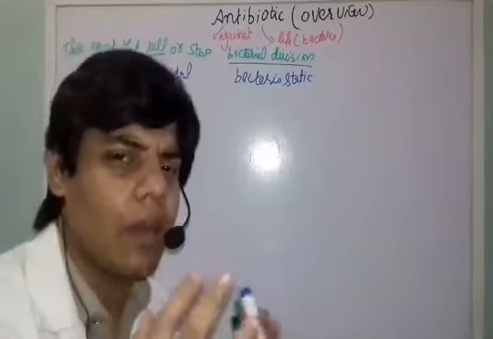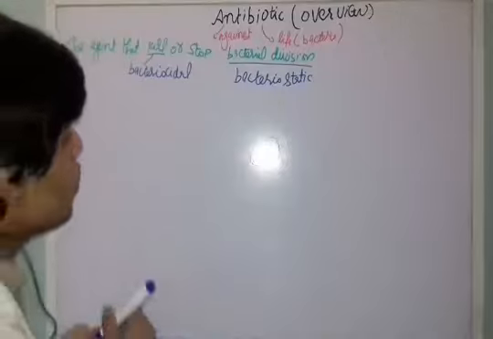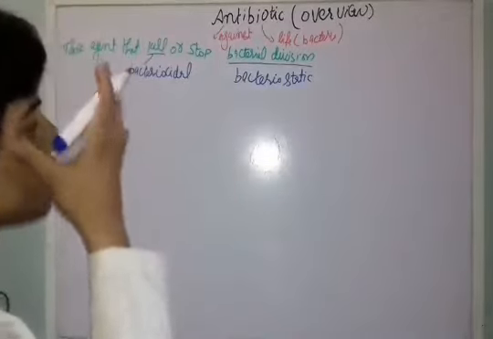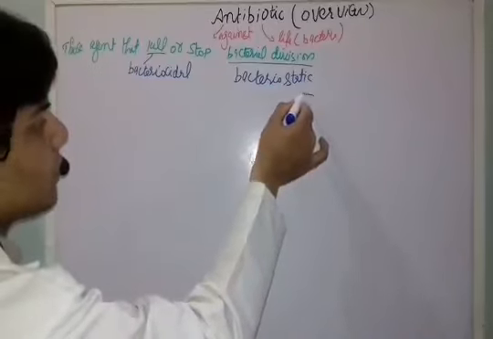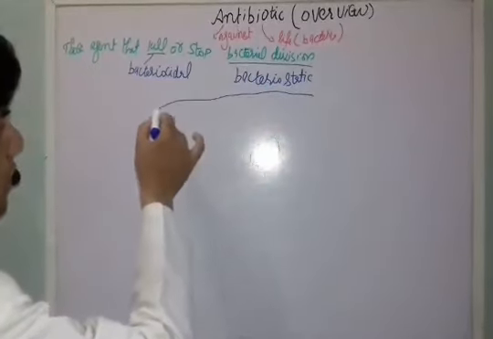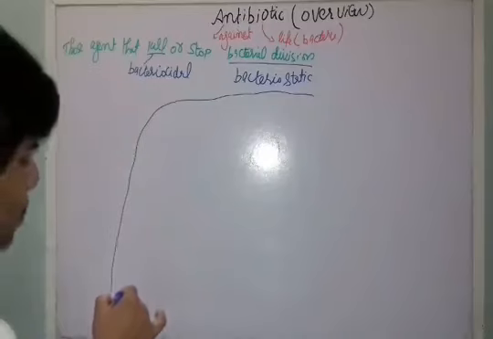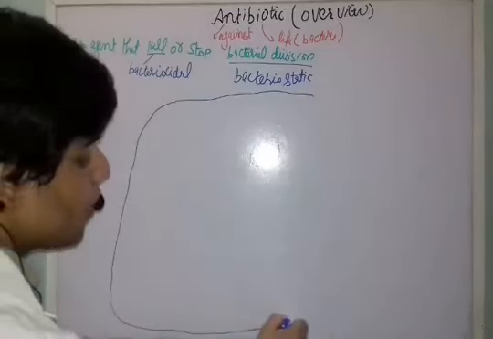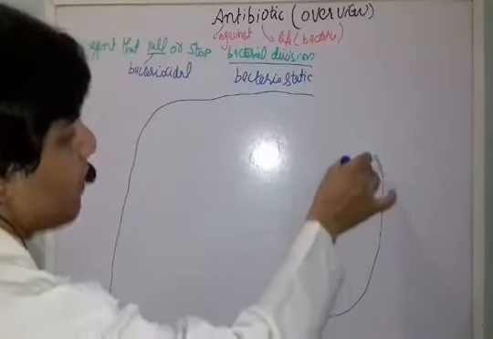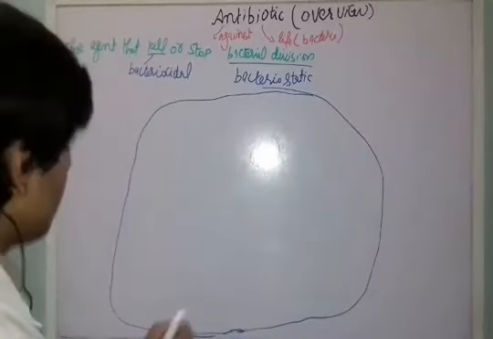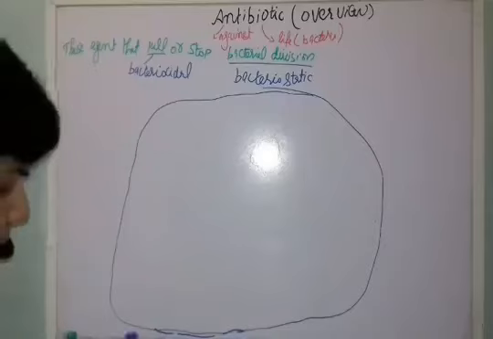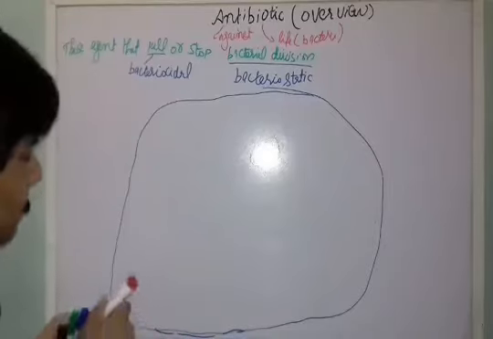I will draw the diagram in a rough form. Let's suppose this blue area represents the bacterial cell wall.